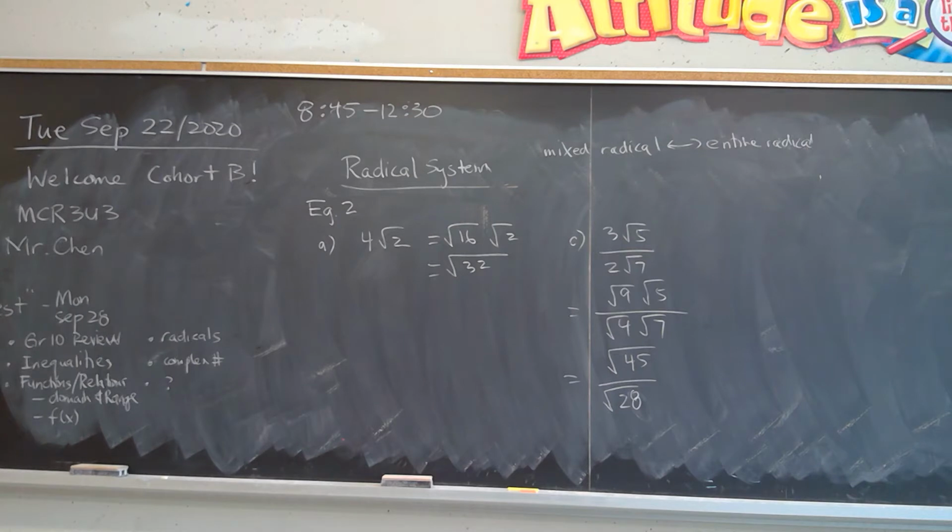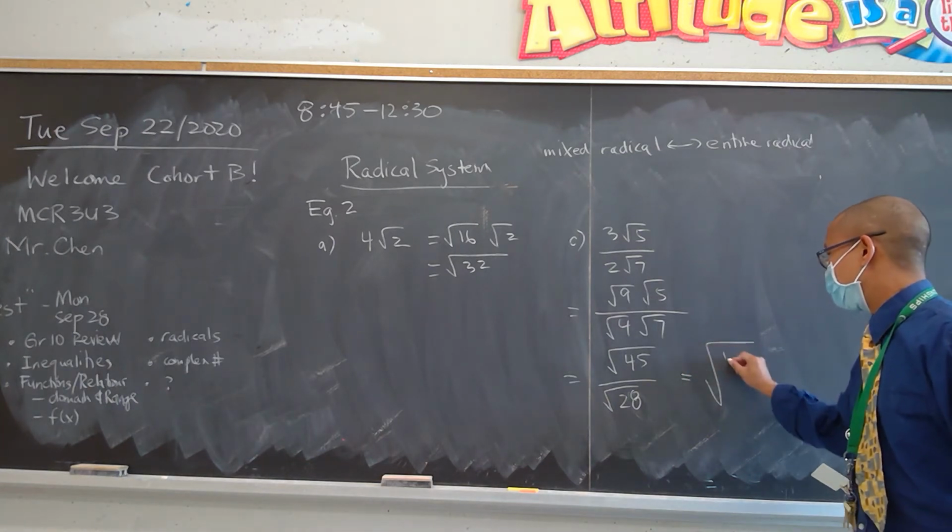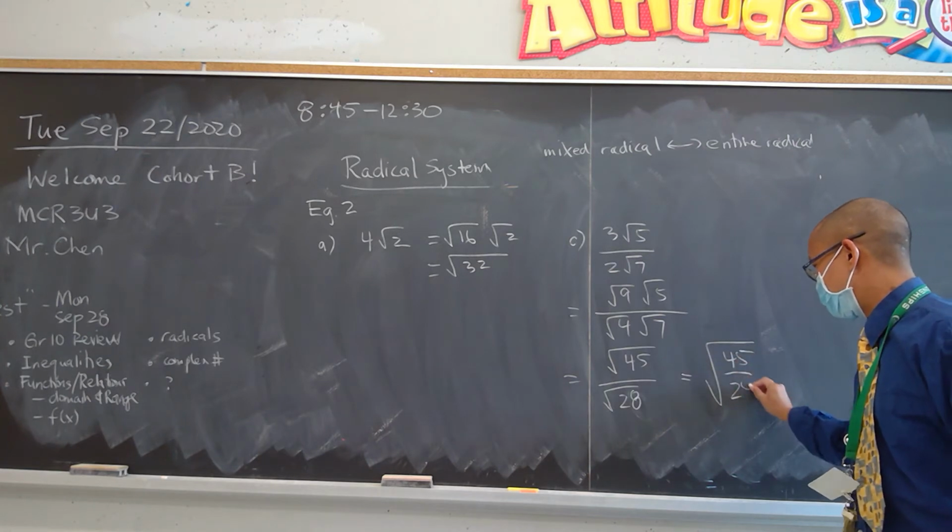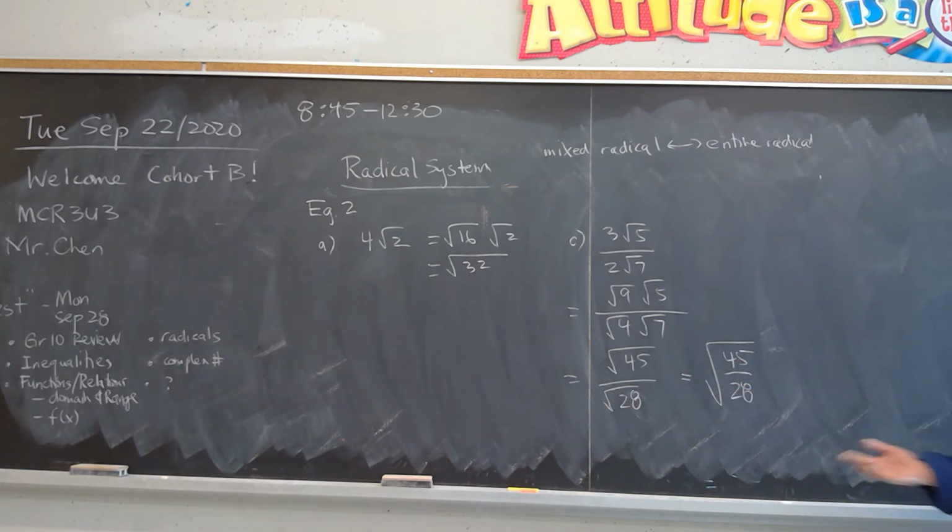Well, that's example 6 actually, I think. But okay. I think they wanted this as a final answer, root 45. I think that's what they wanted. Just change it to an entire radical, right?